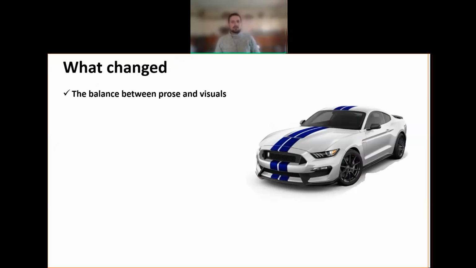So let me talk first about what changed. I think as you've seen, the balance between prose and visuals has moved quite a lot between the different versions. We went from something in 2017 that was mostly 50-50 between the charts and the prose, to something in 2018 where the prose was virtually absent from the report, to something that is much more balanced in the 2020 report.